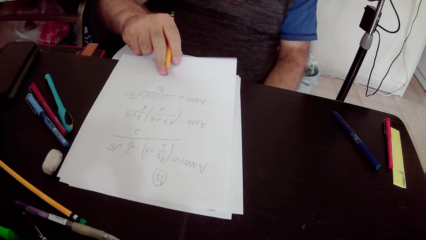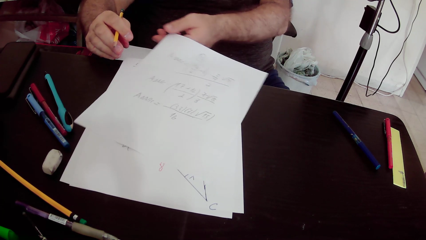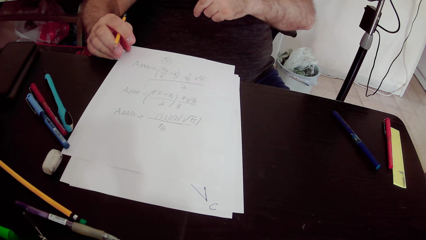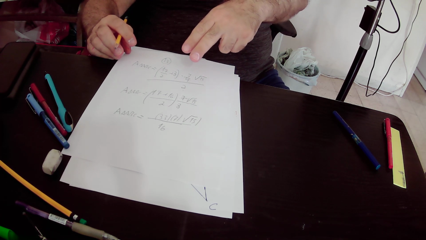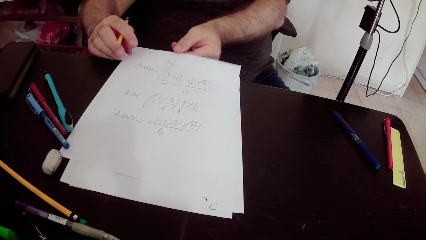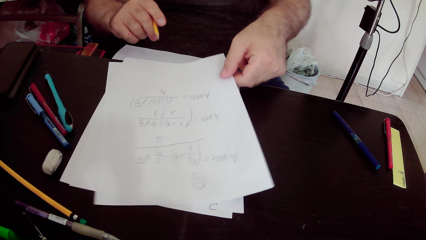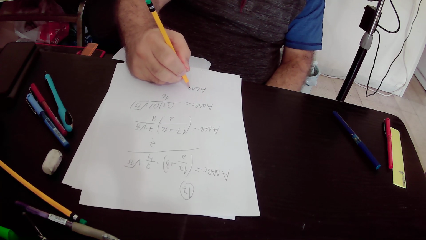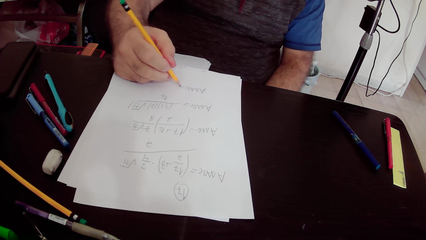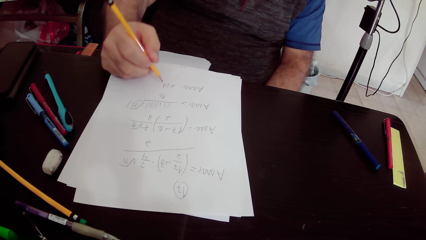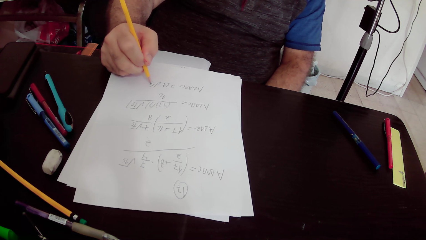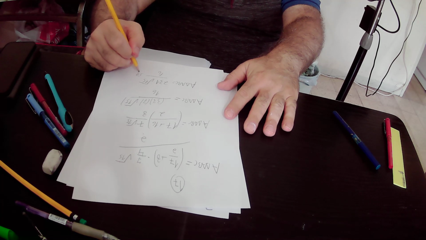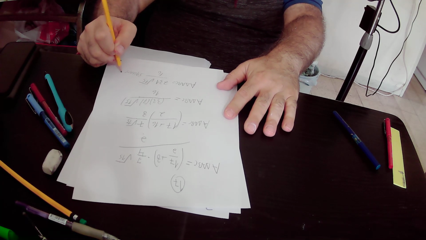Okay, in total we got that the area of triangle ABC equals 33 times 7 times root 15 over 16. 33 times 7 is 231. So in total we got that the area of triangle ABC equals 231 times root 15 over 16 square units.